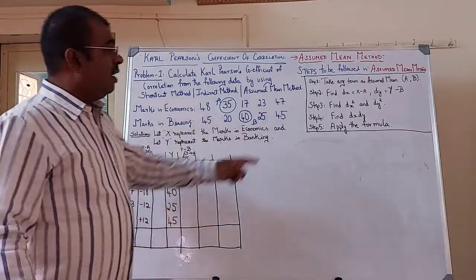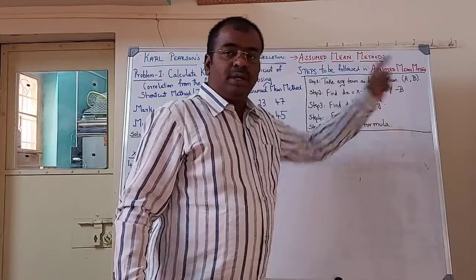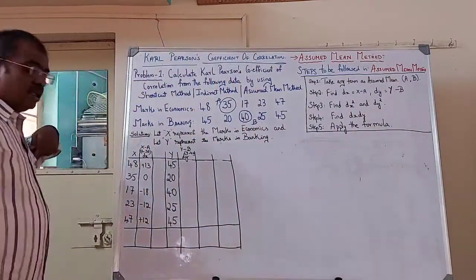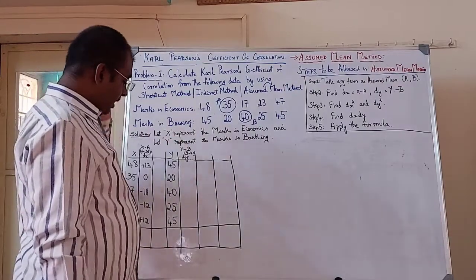Similarly, let us find out according to step 2 what is the deviation of y, that is dy is equal to y minus b. So here we have chosen b to be 40.